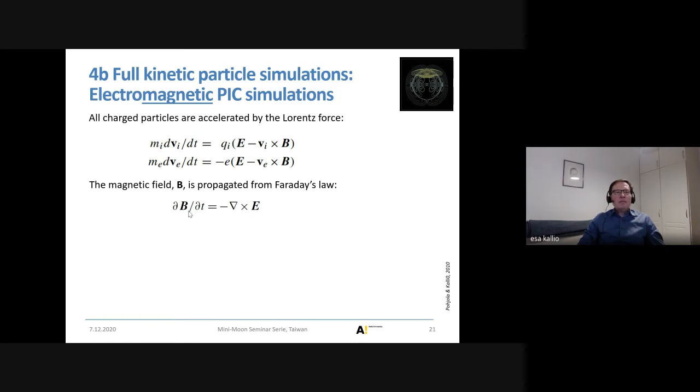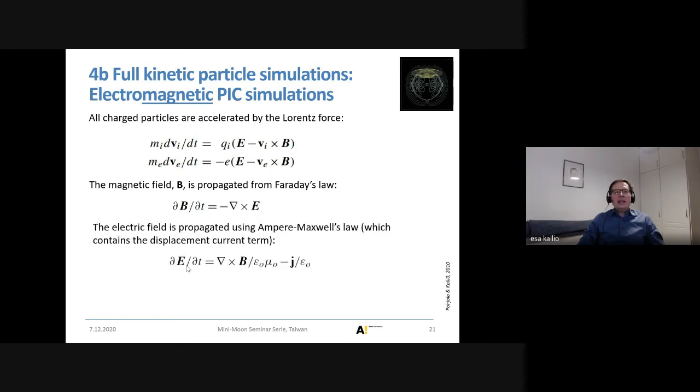Now you are propagating the magnetic field from the electric field, and in the Maxwell equation you also have this displacement current. If you reorganize this Maxwell equation a little bit, you can move your electric field to the left hand side, and here you can see that you can propagate the electric field when you know the magnetic field and the electric current. In such a way you can propagate your electric and magnetic field, and you can get, let's say, this kind of light wave.